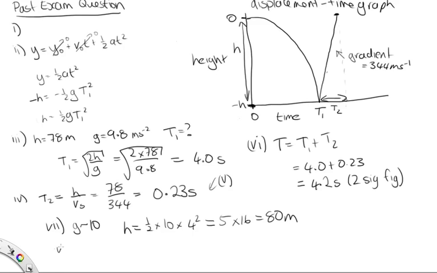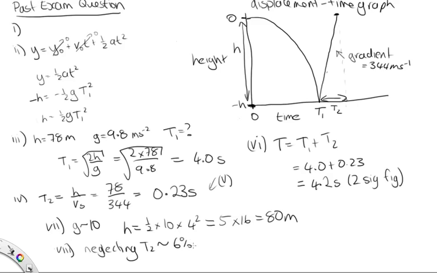Okay, part 8. We're asked to comment on the relative size of the errors of neglecting the time of travel of sound. Okay, so the time of travel was 0.23 seconds. So 0.23 divided by 4 gives us that this is around about a 6% error. So neglecting the time of travel is around about 6%.